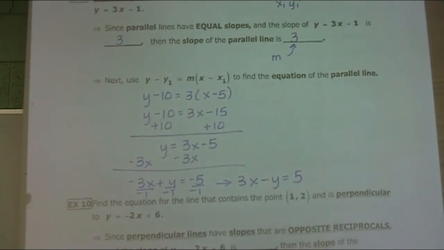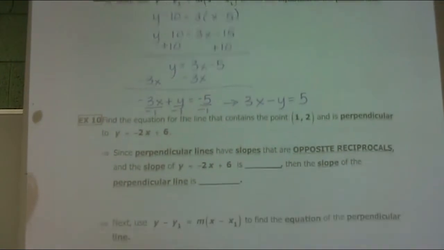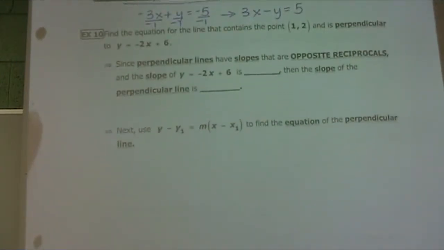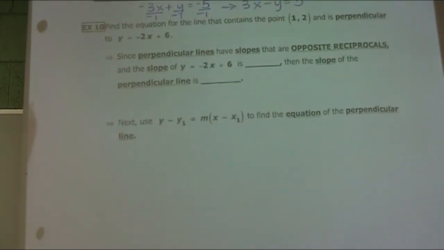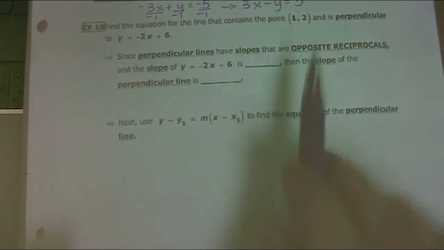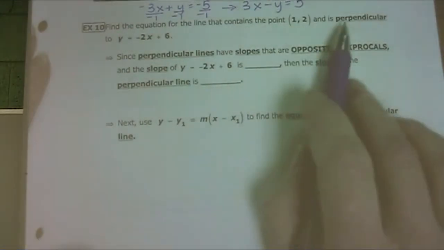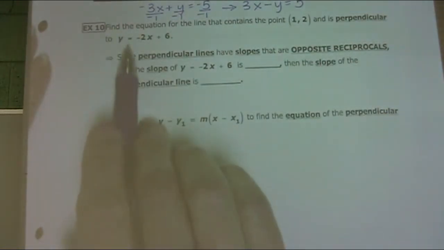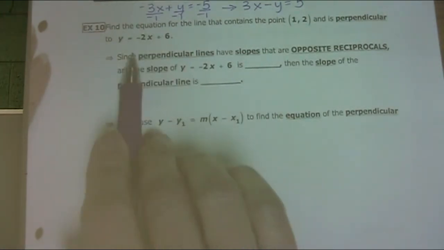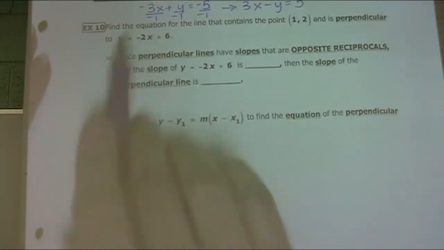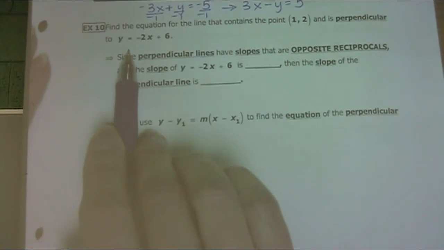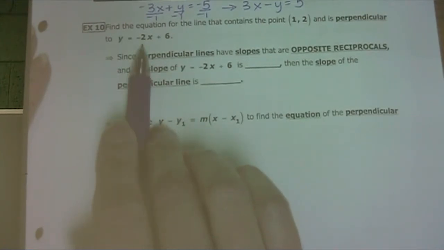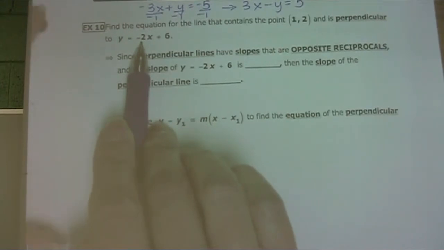All right, let's do an example with a perpendicular line. So if we go to example 10, it says find the equation for the line that contains the point (1, 2) and is perpendicular to this line. So first of all, we need to find the slope of this line. The slope of this line, it's in slope-intercept form, is the number in front of x, which is negative 2.